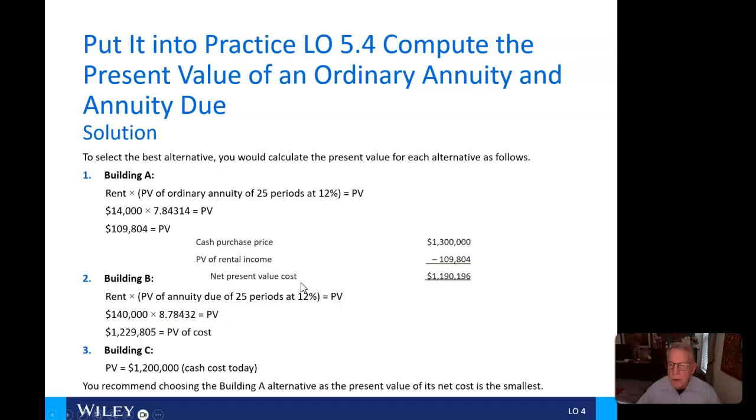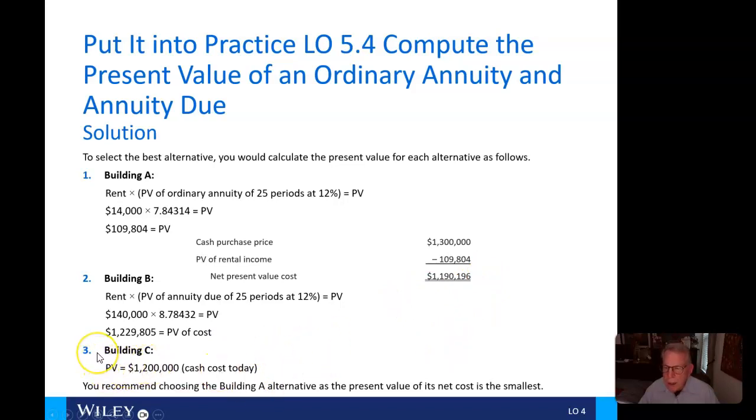So we have to go into table 5.5, and we go for 25 years and 12%, and that's 8.78432 from table 5.5. Multiply that through times 140,000 and we get $1,229,805. That's the present value. So that costs a little bit more than option A.